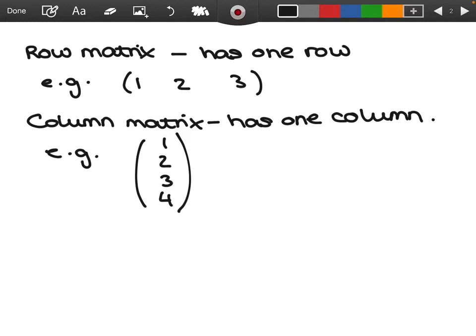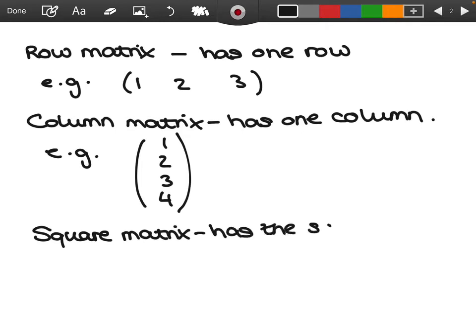If you have a matrix that has the same number of rows and columns, then it is called a square matrix. So a square matrix has the same number of rows and columns.